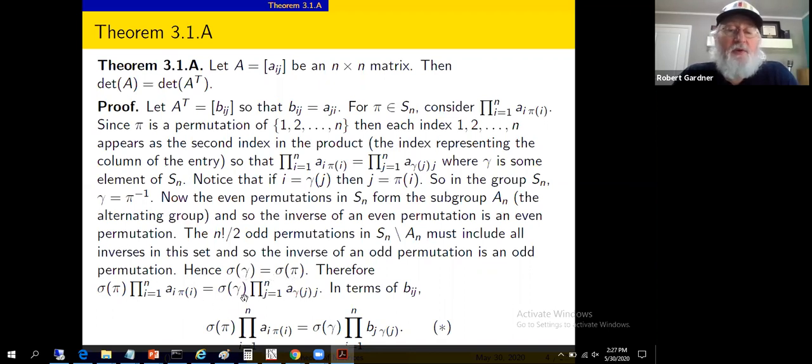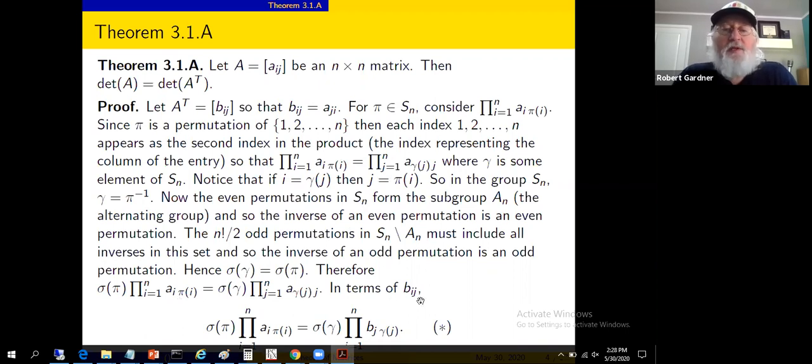Either they're both even or both odd, so these are either both +1 or both -1, times the product from j equals 1 to n of a sub gamma of j, j, like we said up here. All we've said is they both start with a positive or they both start with a negative, and over here I've written the numbers in the product in a different order from what we did over here.